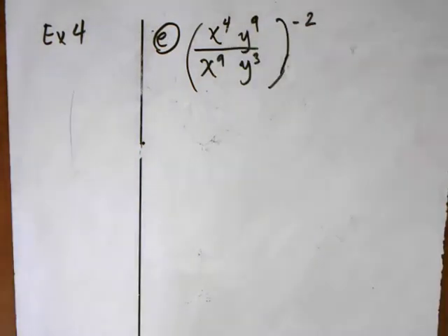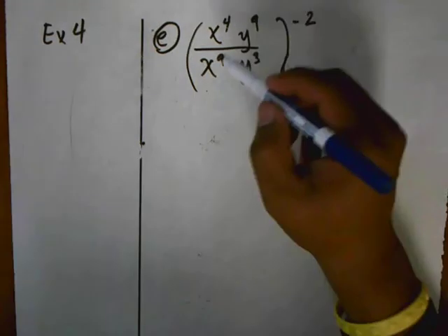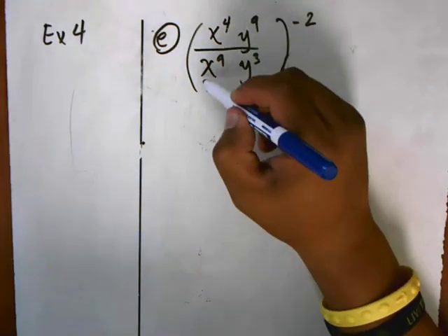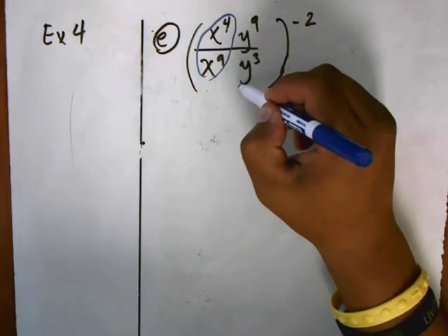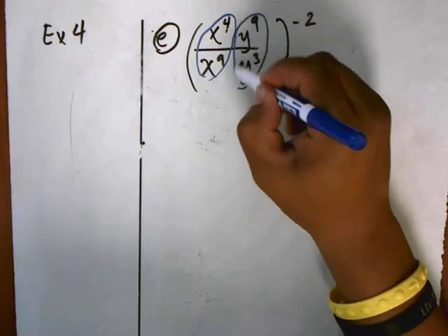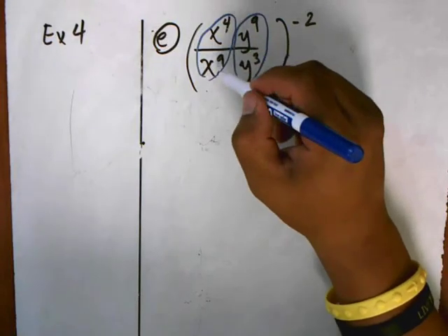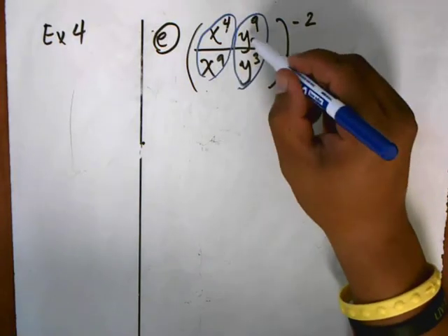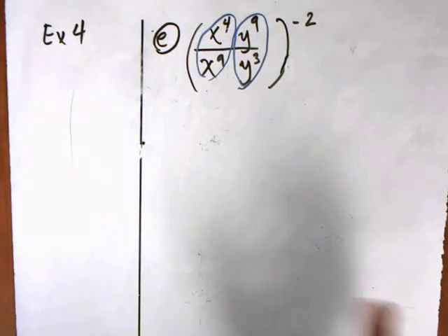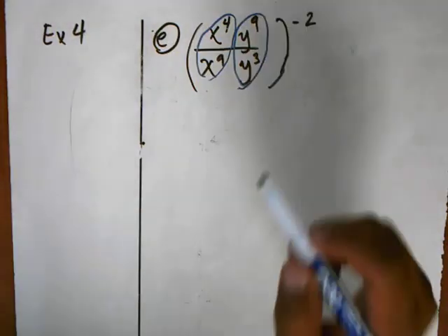Okay, but again, if you do this a different way, as long as you follow all the laws of exponents, we should both arrive at the same correct answer. So the first thing that I'm going to do here is look at the inside of the parentheses and separate it into two different parts, okay? Because I have x's here, that's one base, and I have another base, which is y. So I try not to mix those two together.